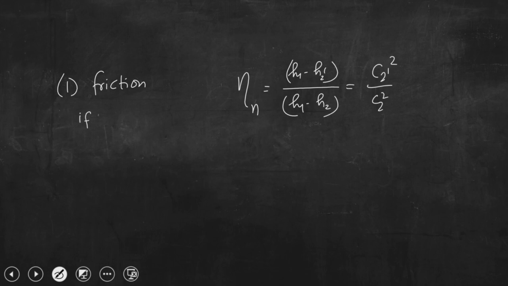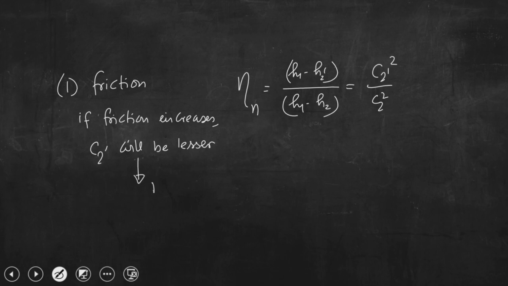If friction increases, C2 prime will be lesser. So, the effect is that eta nozzle will be less.